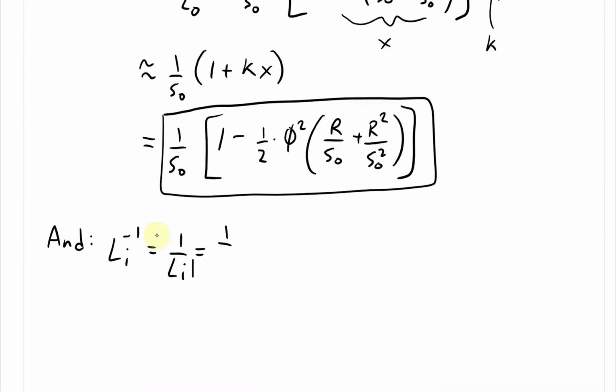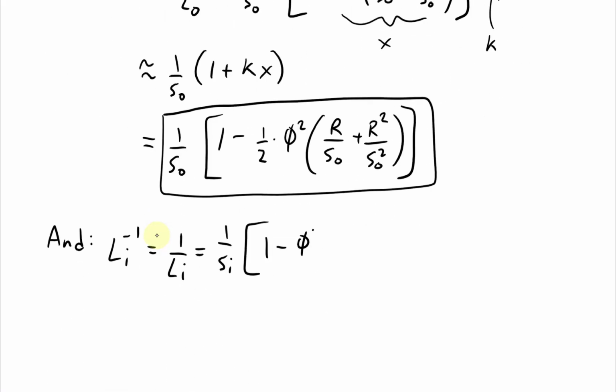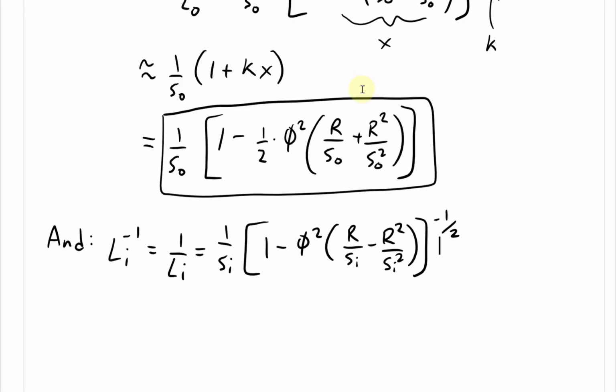So 1 over Si, and then we put a square bracket, 1 minus phi squared, bracket R over Si minus R squared over Si squared, all to the power of negative 1/2. So that's this part over there.